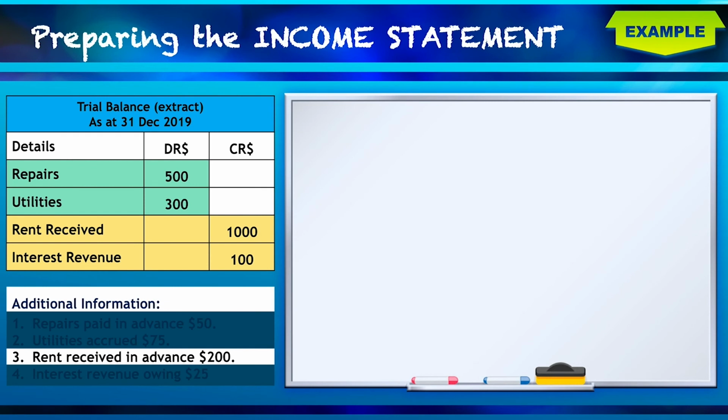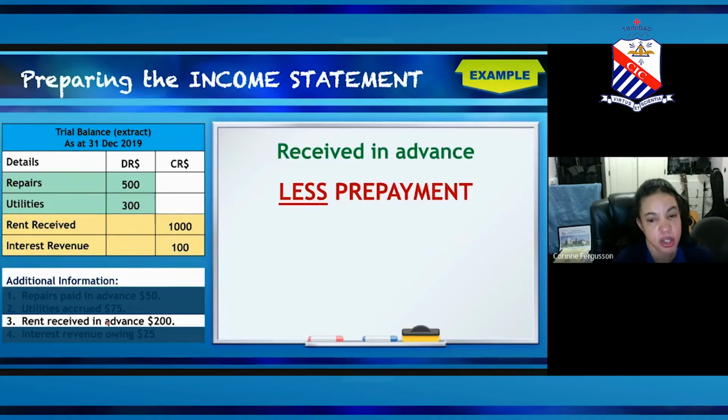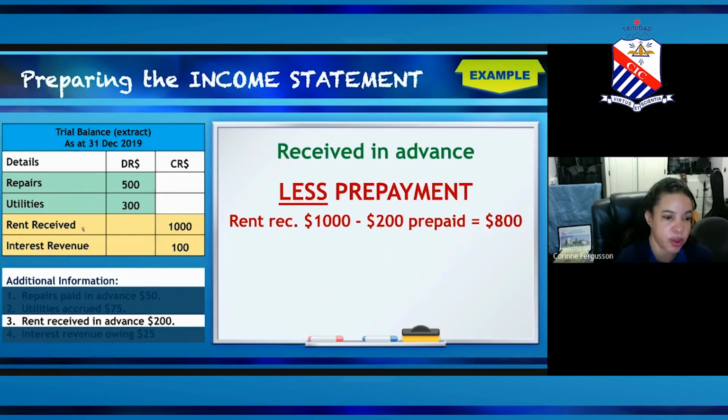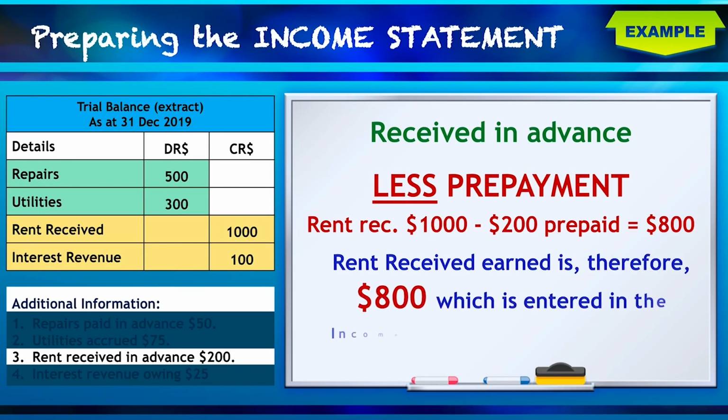So we go to the third one. Easy. In advance, which means it's a prepayment. What do you do with prepayments? You less it. So you will just simply go rent received. How much was received? $1,000 less the $200, which will give you $800, and that is the amount that goes into your income statement.